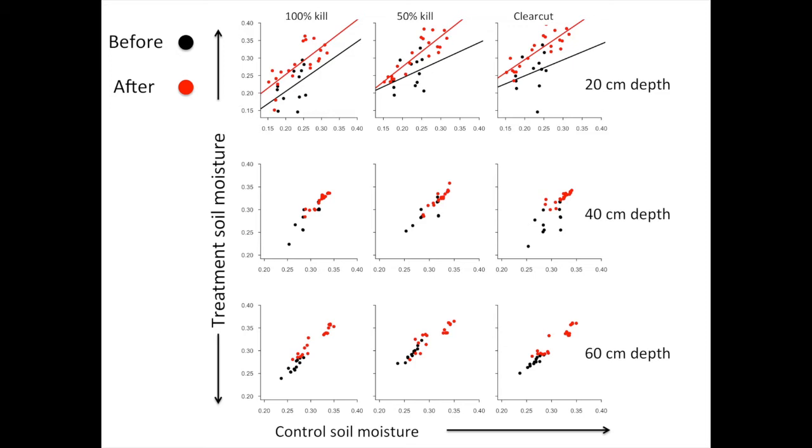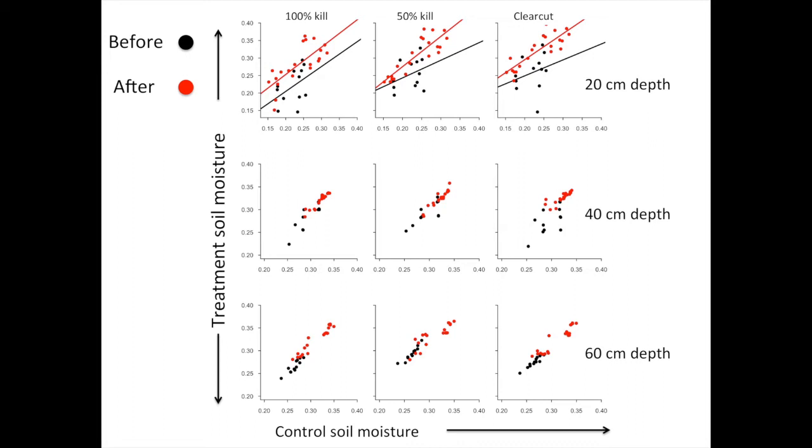The first row represents the 20 centimeter layer of the soil, the middle one the 40 centimeter, and the bottom one the 60 centimeter depth. The treatments are organized in columns, though not in a logical way. The left one represents the 100% kill treatment, the middle one the 50% or partially attacked stand, and the right one the clear cut.